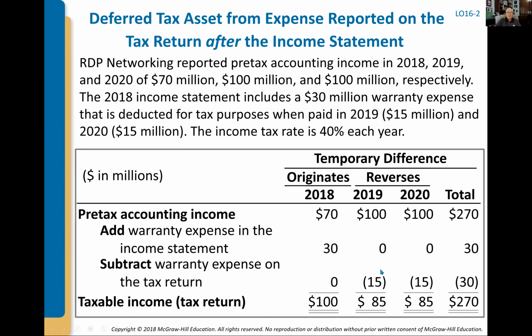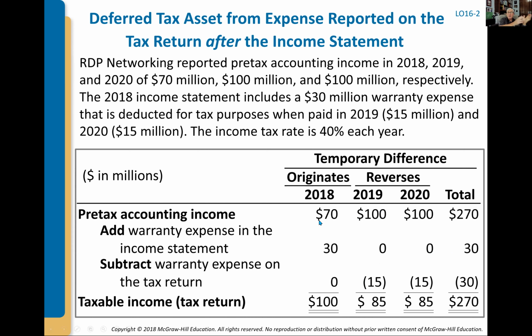But in the future, the claims do get paid. So in the future, in this very simplistic example with no more future warranty expenses, it's just pure 100, no warranty expense was recorded, 0, but the claims came in. Now, what happens when the claims come in on the book side? Remember, debit the warranty liability, credit cash.